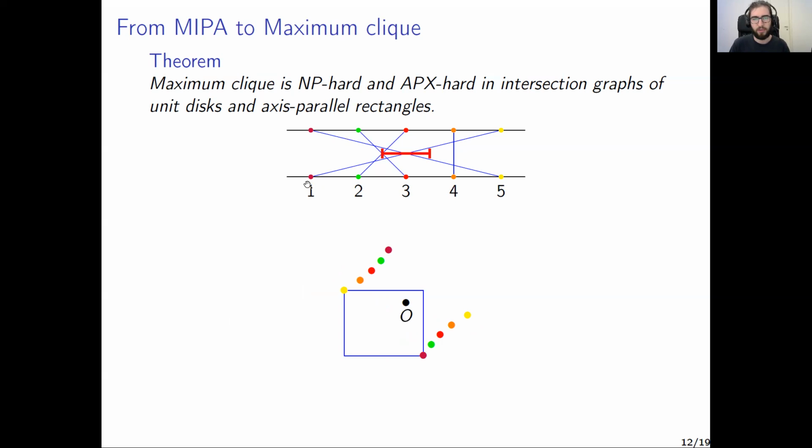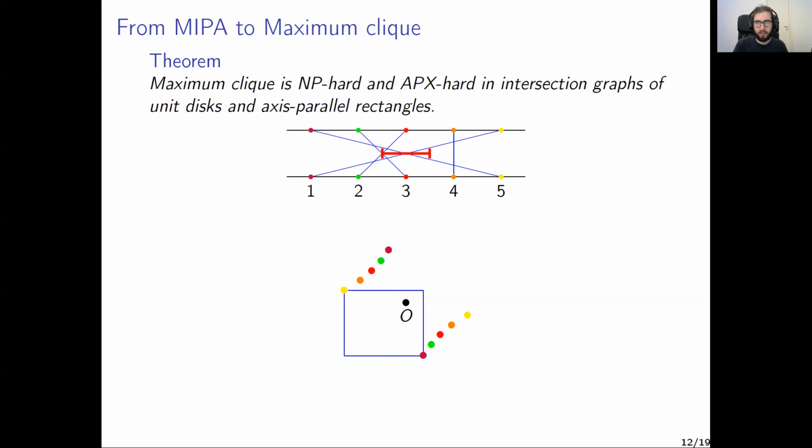Now, let me tell you how we represent the blue segments. Let's start with this blue segment here between 1 below and 5 above. What we do is we define an axis parallel rectangle as the unique one that has as opposite vertices the point 1 below, and the point 5 above, that is yellow.